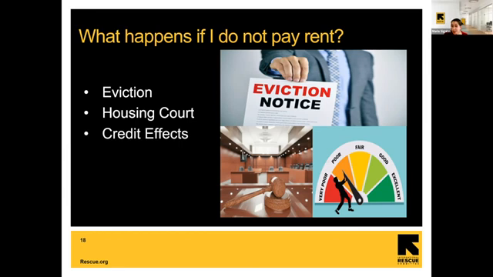So what happens if you don't pay your rent? Again, you did sign a legal agreement on your lease saying that you are responsible for paying your rent for that whole term. So a few things could happen. You could be evicted, meaning you'll get a notice saying you need to leave that apartment. They could take you to housing court, which won't look too good, and it can go many different ways.